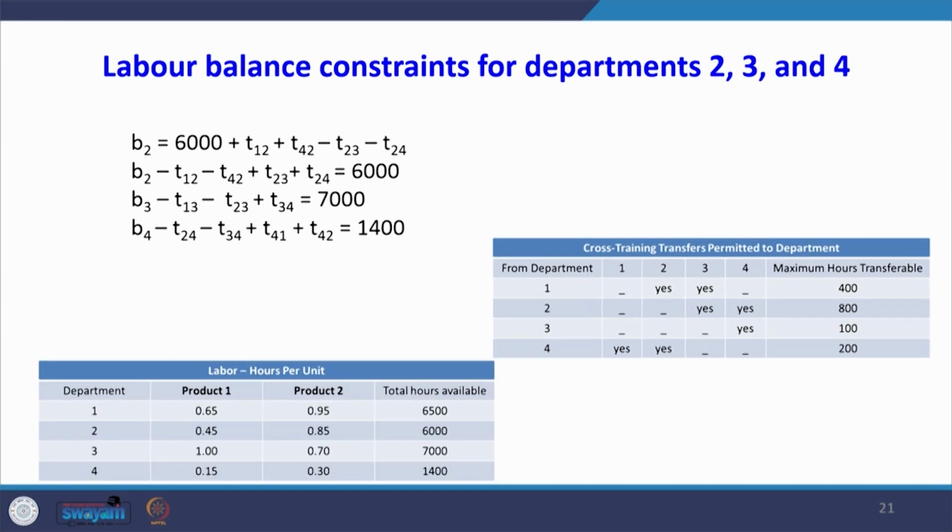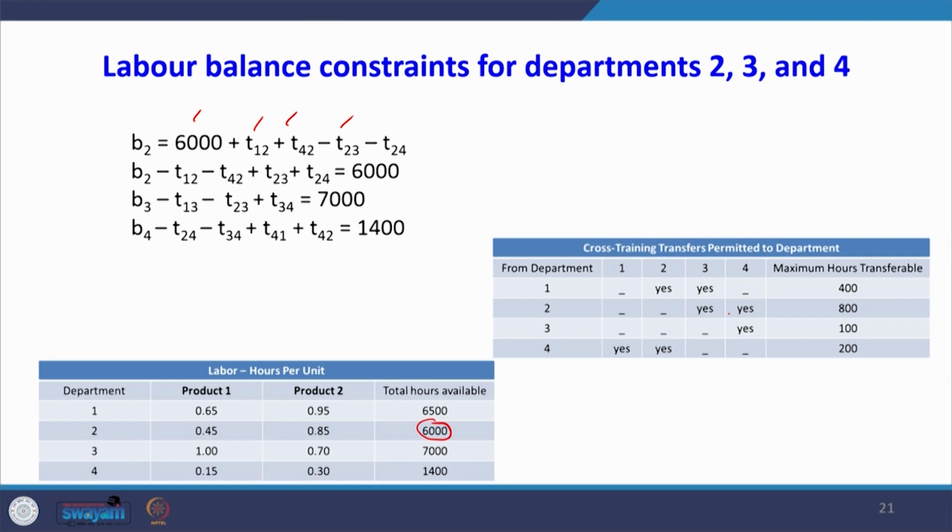Similarly, for departments 2, 3 and 4. For the second department we have initially 6000 hours allocated. For department 2, you see that from department 1 it is possible, so T12 is plus. Similarly, T42 is possible, plus, but from department 2 the people are moving away through T23, so T23 is minus.